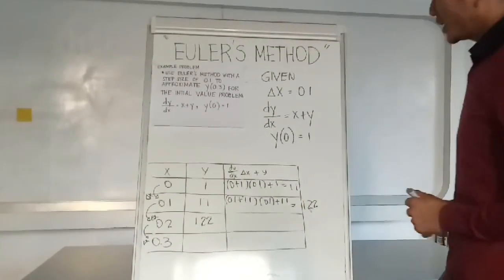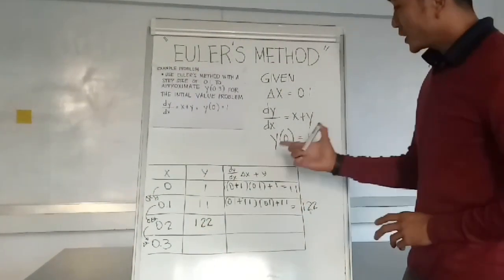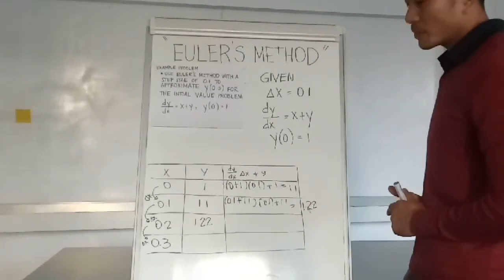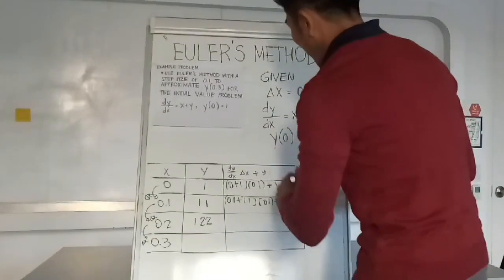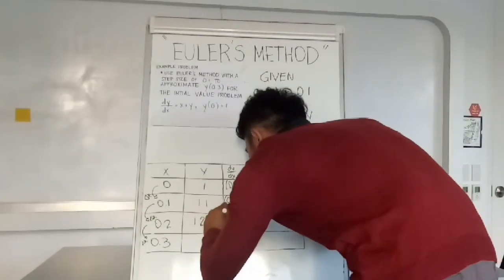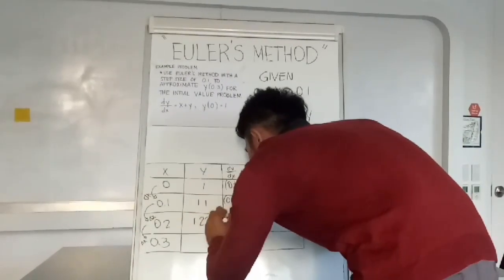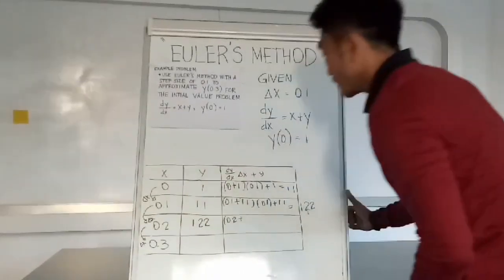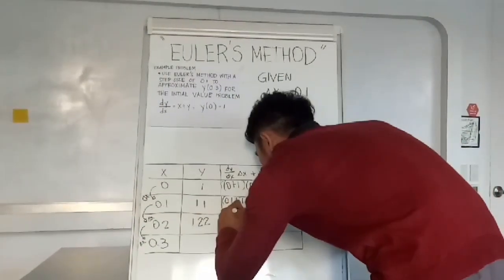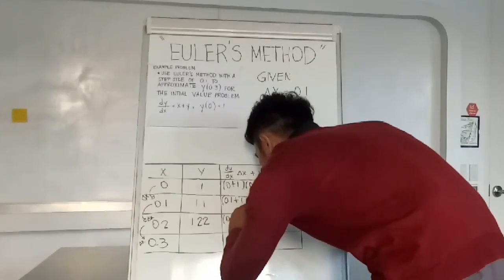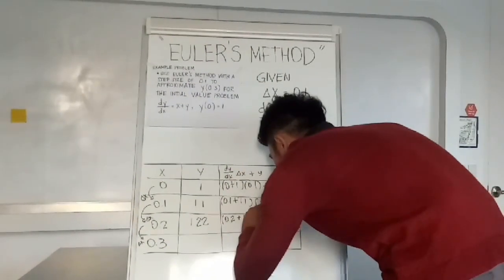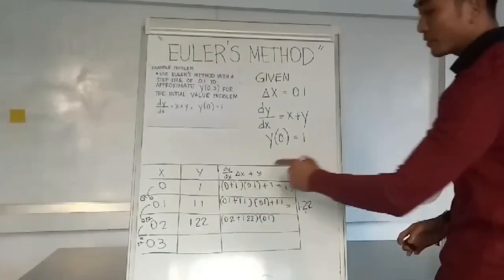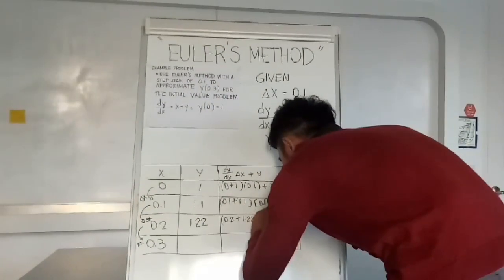And we will get the value of y when x is equal to 0.3. So x plus y, so 0.2 plus y, which is 1.22, times the step size 0.1, plus the current value of y, which is 1.22.